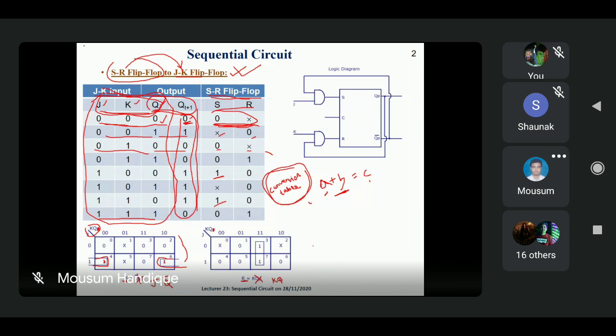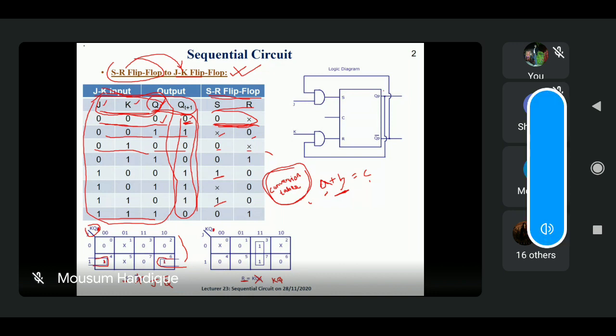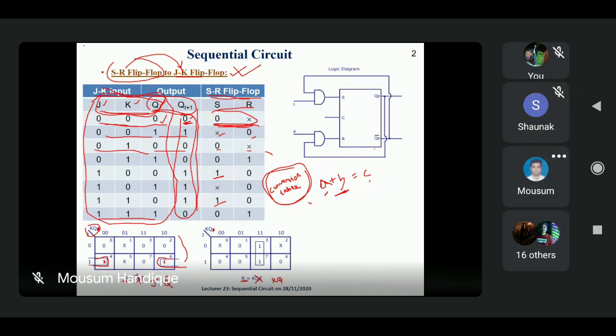Now, based on these expressions, you can design the logic diagram. This is the combinational circuit part, and this is the normal flip-flop. We are interested in converting the SR flip-flop to a JK flip-flop. So we are considering the inputs J and K, and whatever outputs are generated are similar to the JK flip-flop, but we are using the SR flip-flop for the conversion.